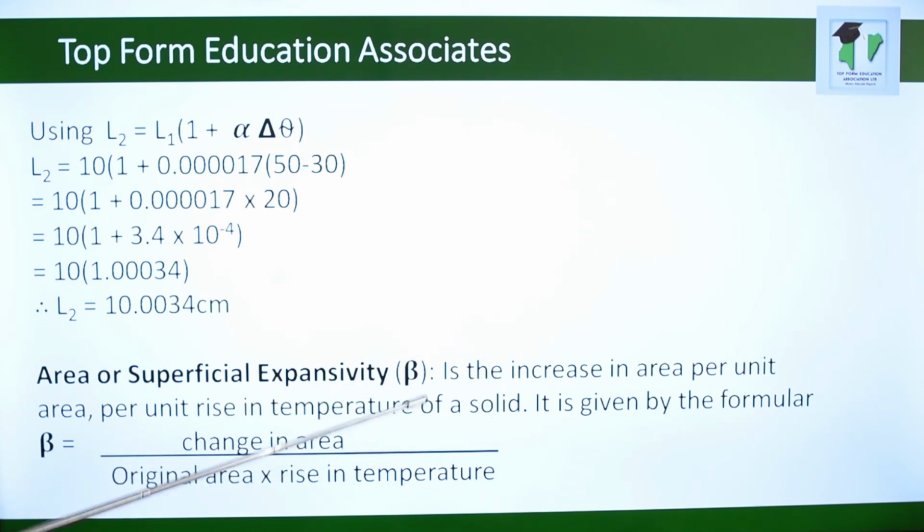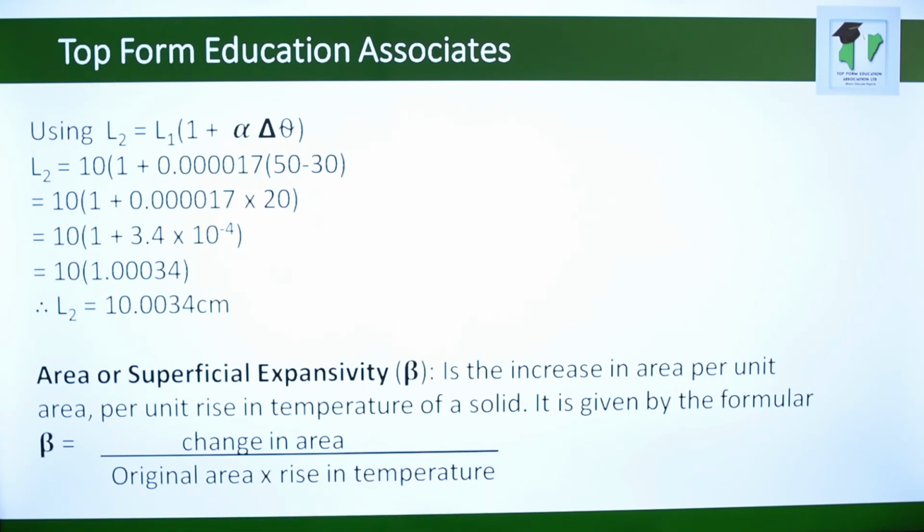You have an object that has both length and breadth. Now there is an increase in both the length and the breadth, per unit. As it is increasing in length, there is also an increase in the breadth.